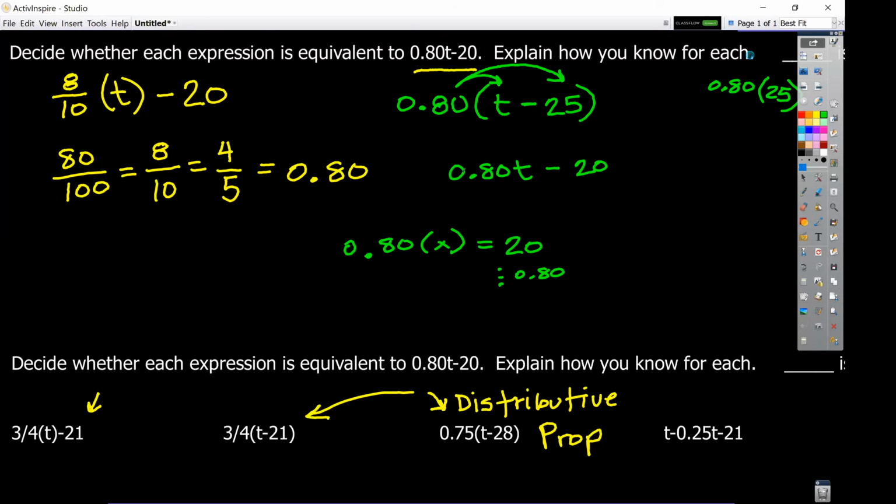So that is equivalent to our expression for example 2. All right, now let's look at the last example, and we are done working this one out.